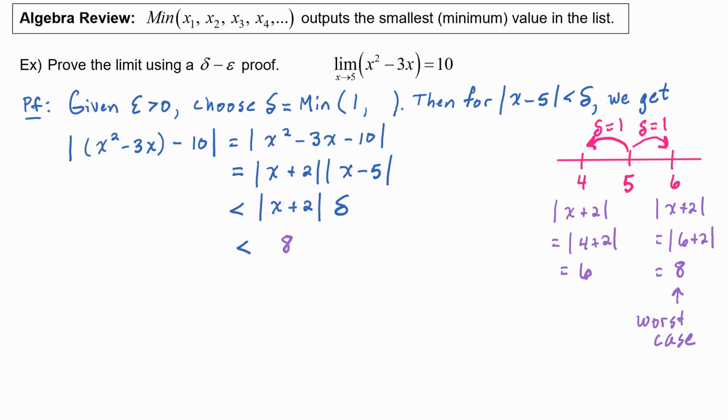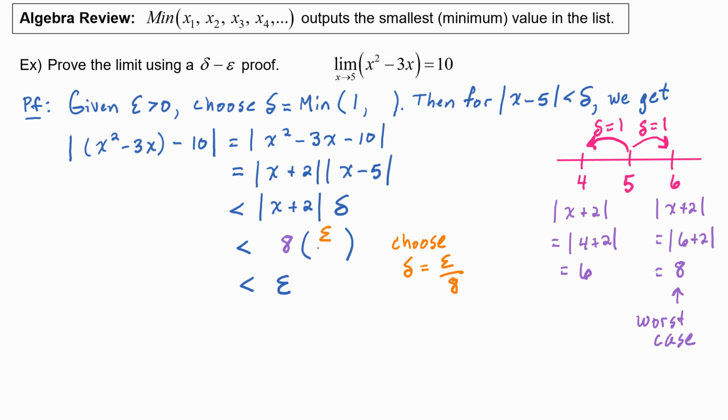And then what we want to do is pick delta so that when we take whatever we pick for delta times 8, we end up getting less than epsilon. So at this point, we would choose for delta to be epsilon over 8.